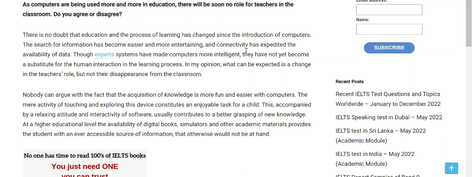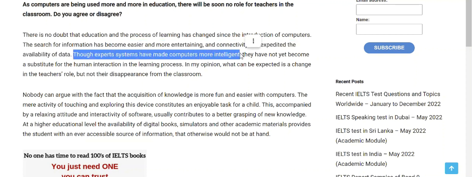Okay, here he said though, although, but, even though expert systems have made computers more intelligent, means yes, the computers are intelligent enough, but they have not yet become a substitute for the human interaction in the learning process.